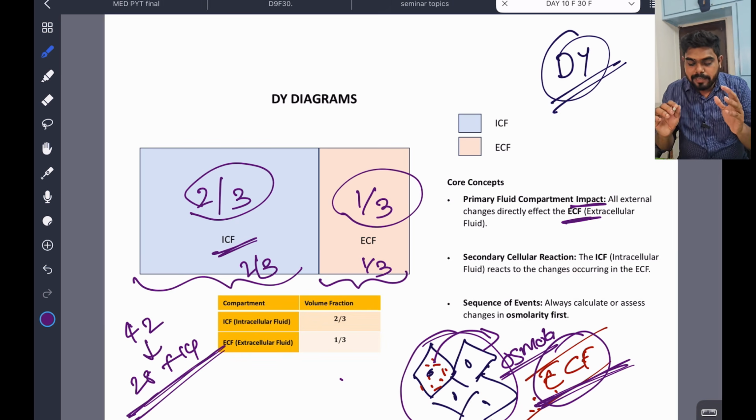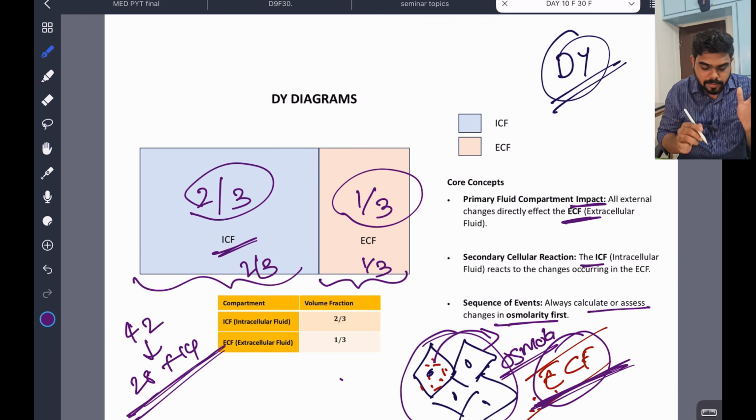So to solve a DY diagram, you should know this. The ICF is the secondary cellular reaction. Any change in the ECF changes the osmolarity, and then the ICF correction will happen. In the sequence of events, always assess the changes in osmolarity first.